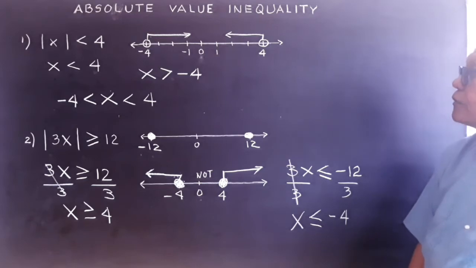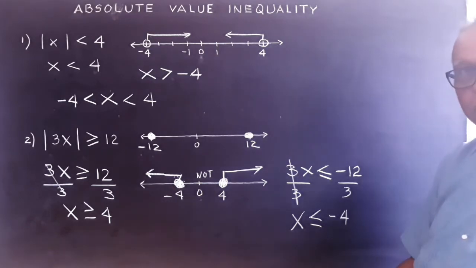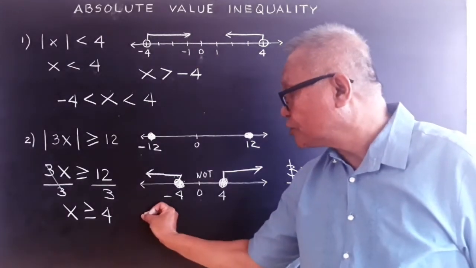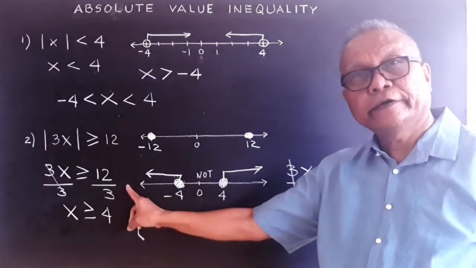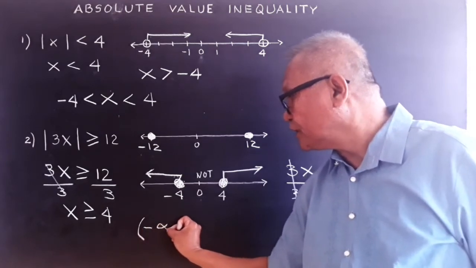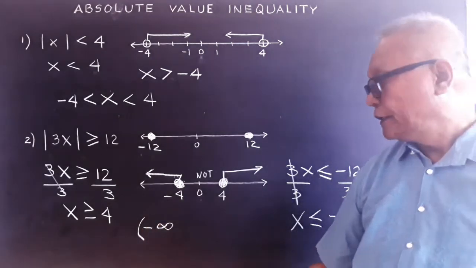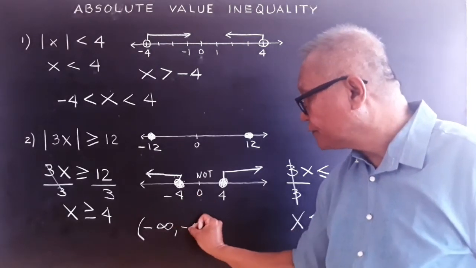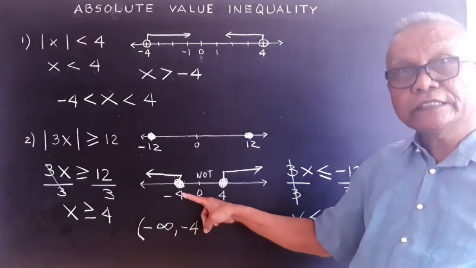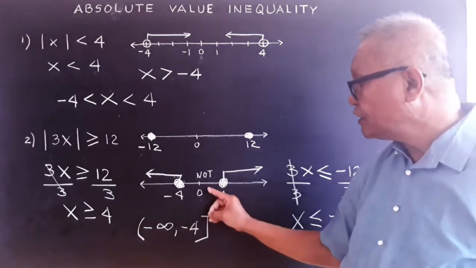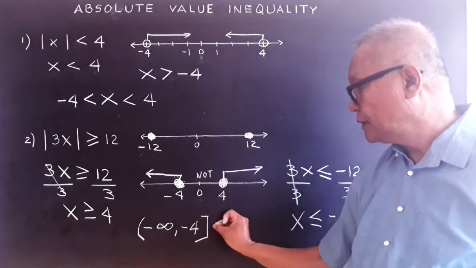So we can write that one in interval notation. How do we write that one in interval notation? So in interval notation, we start here with the negative infinity and then up to here the negative 4. Is it included? Yes. Then we use a bracket. Then we skip this one.